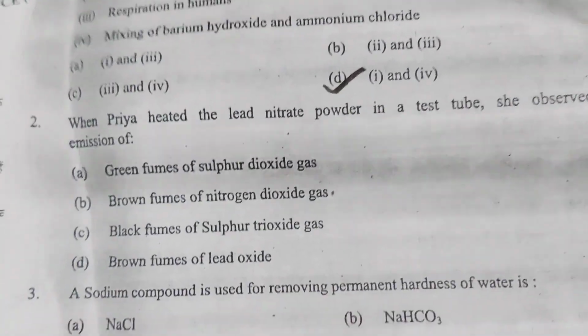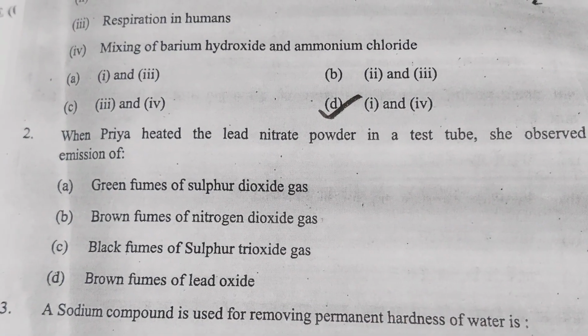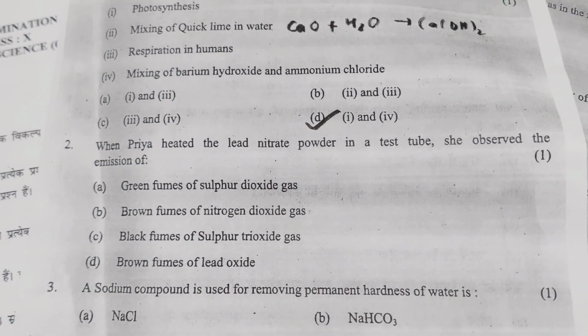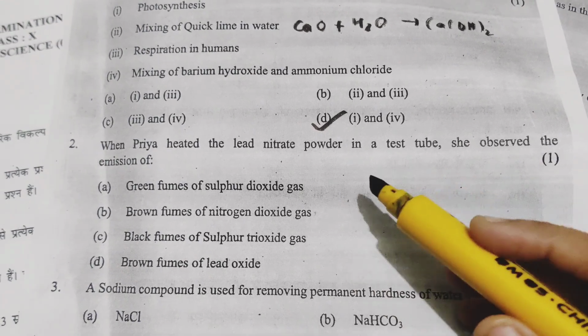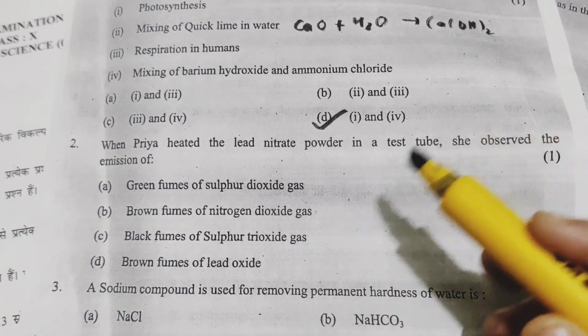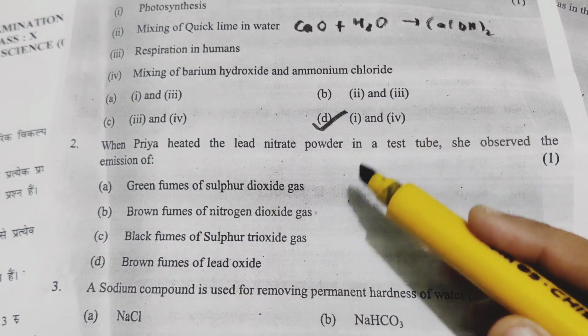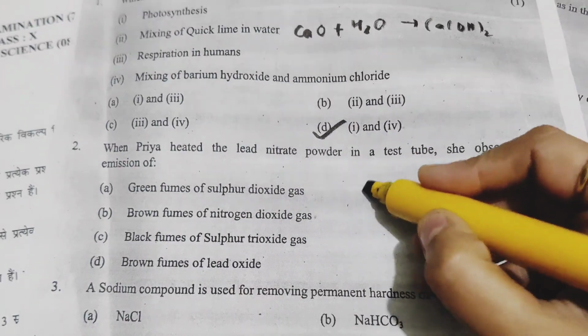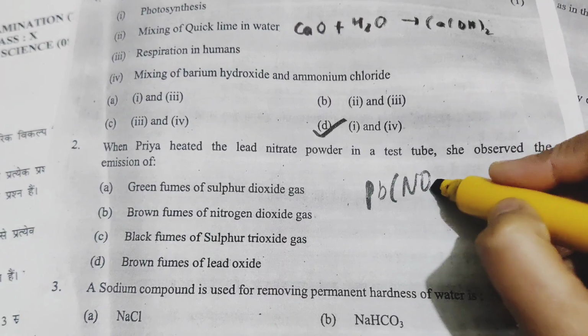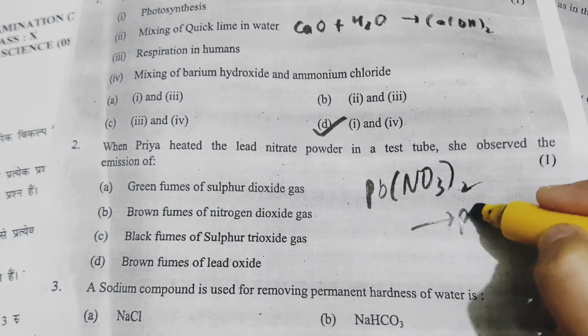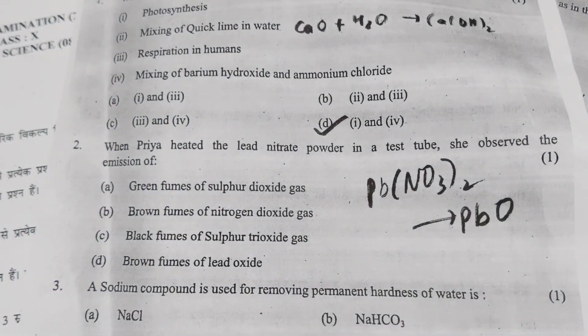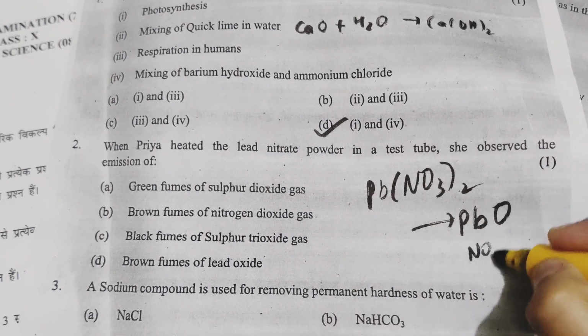Now the next MCQ is again from chapter 1. When Priya heated the lead nitrate powder in a test tube, she observed the emission of. This is a decomposition reaction where lead nitrate is heated. Pb(NO3)2 forms lead oxide, NO2 and O2.